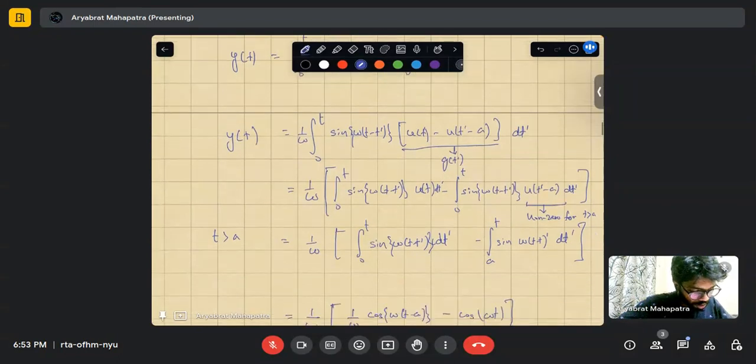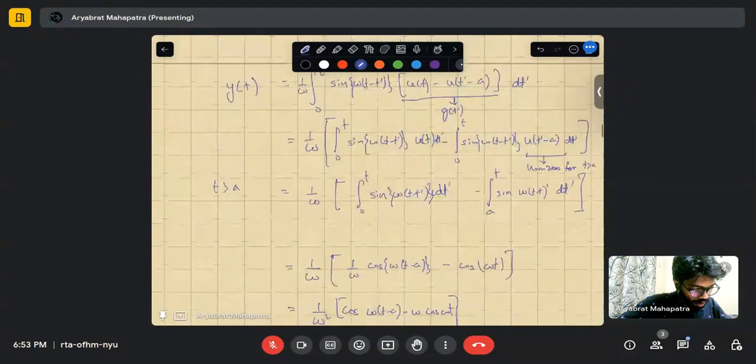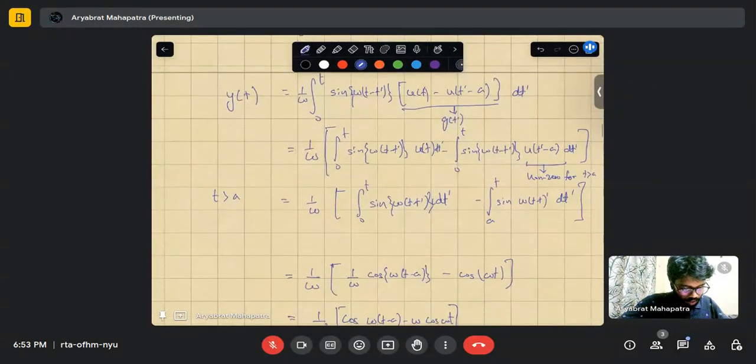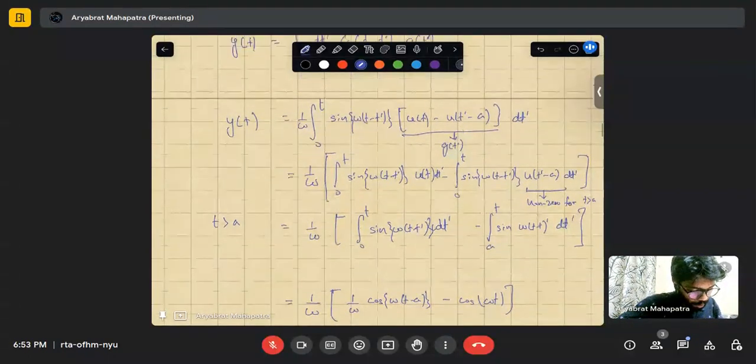And then from here you have to solve this integral, and there is a bit of subtlety right here. You have to carefully see, because you are integrating with some limits.